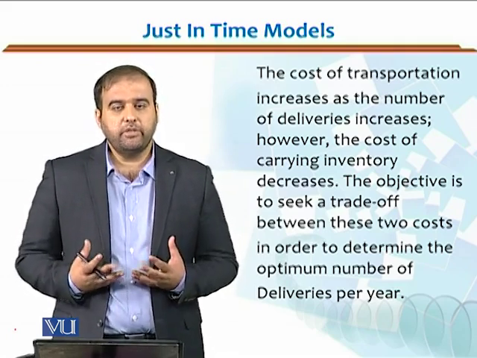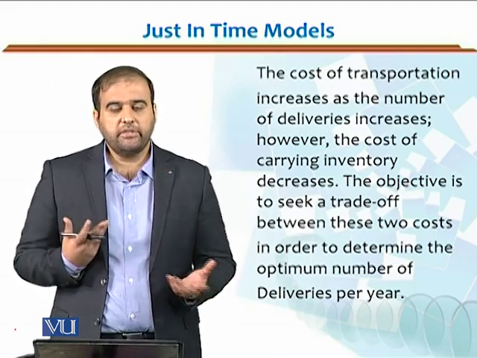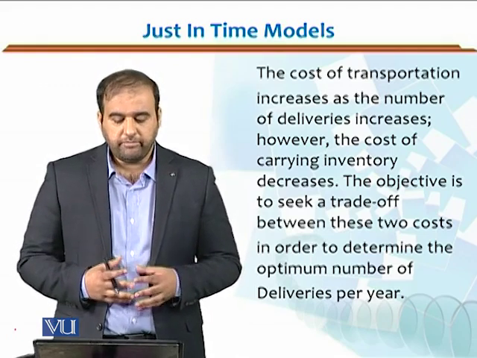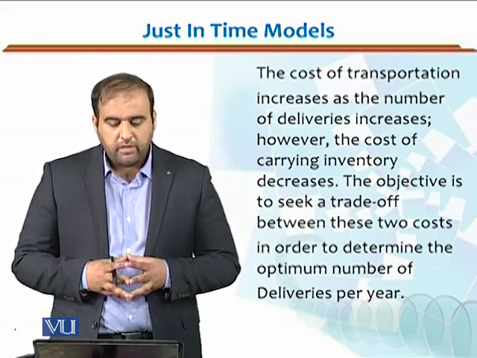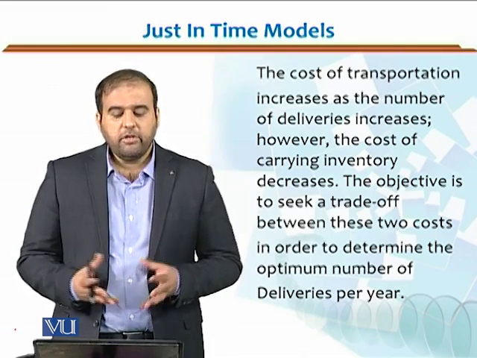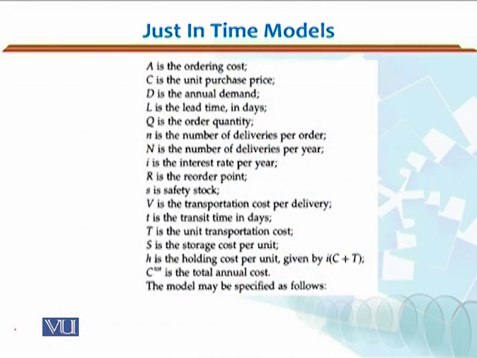It depends upon the situation you are in. So if the distance from your supplier is not that long, you can have a just-in-time model. So there is a trade-off between the two costs in order to determine the optimum number of deliveries per year. What should the frequency be? This is the case in the first model.